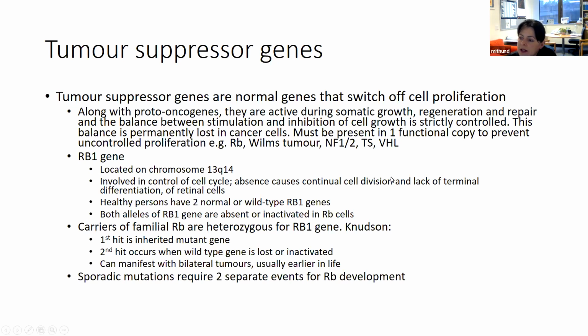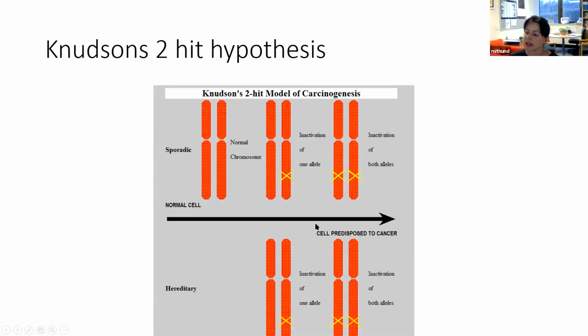Typically, carriers will be heterozygous if it's a familial cancer, and then they get an earlier onset cancer when they've acquired another mutation. This illustrates what is known as Knudson's 2-hit hypothesis. In a normal individual who hasn't got a hereditary mutation, they've got to get 2 hits at the same locus in that gene in order to inactivate it and trigger the cancer.